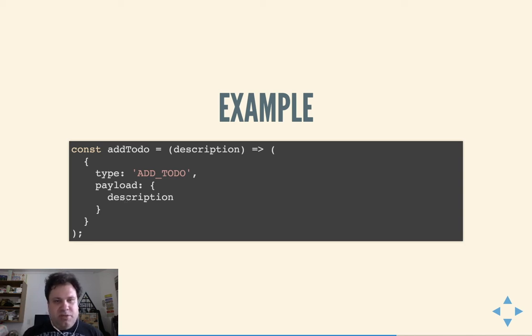Also, it's important to mention that this action follows the Flux standard action specification, in that it has a type attribute that is a string, and strings are very desirable here because they're easy to serialize, and it also has a payload field that has an arbitrary JavaScript object.